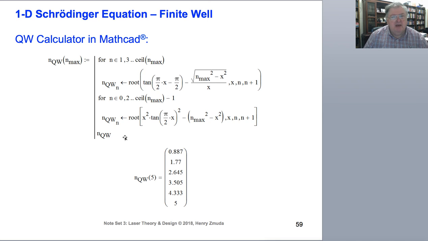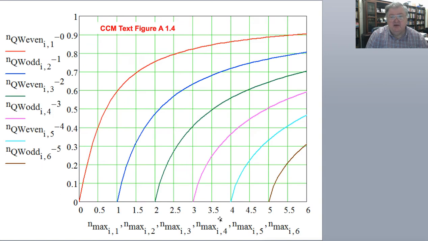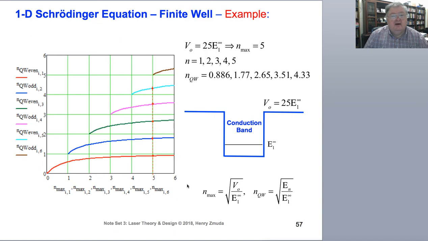This is my little MathCAD script, a calling function n quantum well as a function of n max. I put in my value of n max, it iterates for me and spits out the 5 values. Actually, you're seeing it spitting out 6, because if you look, is that a solution?